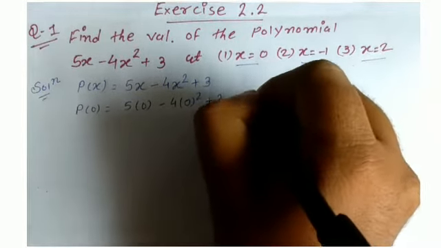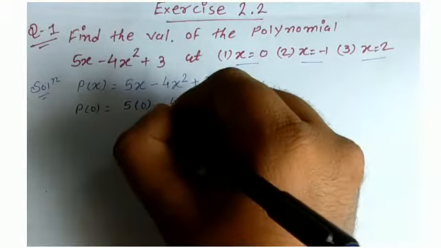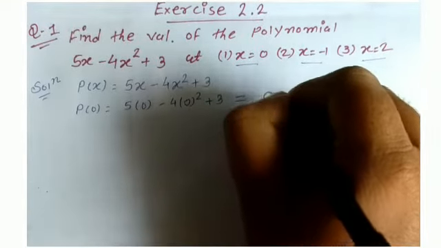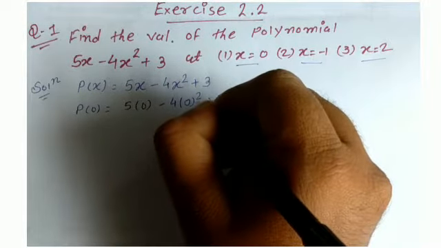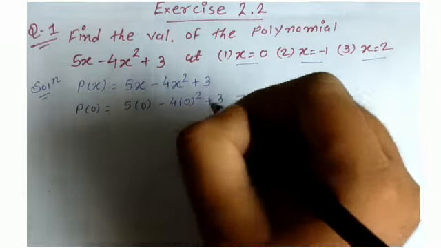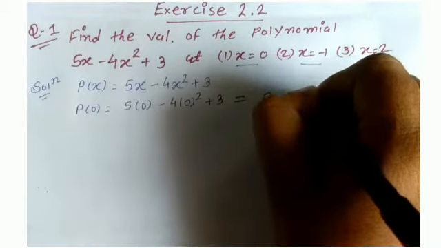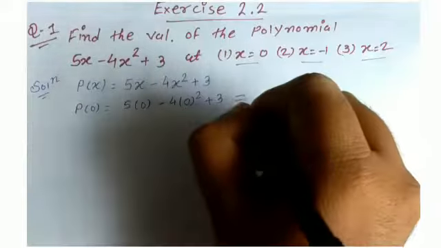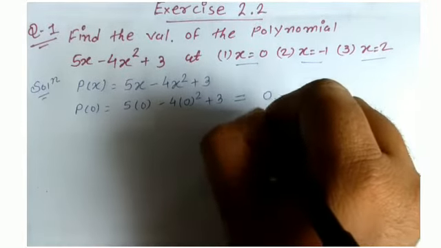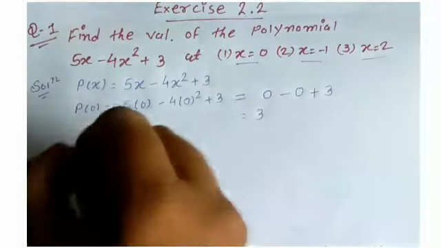That's why we can find 5 into 0 means 0, minus 4 into 0 square. 0 square is always 0 and 0 into 4 is also 0, plus 3. So p of 0 is equal to 3.